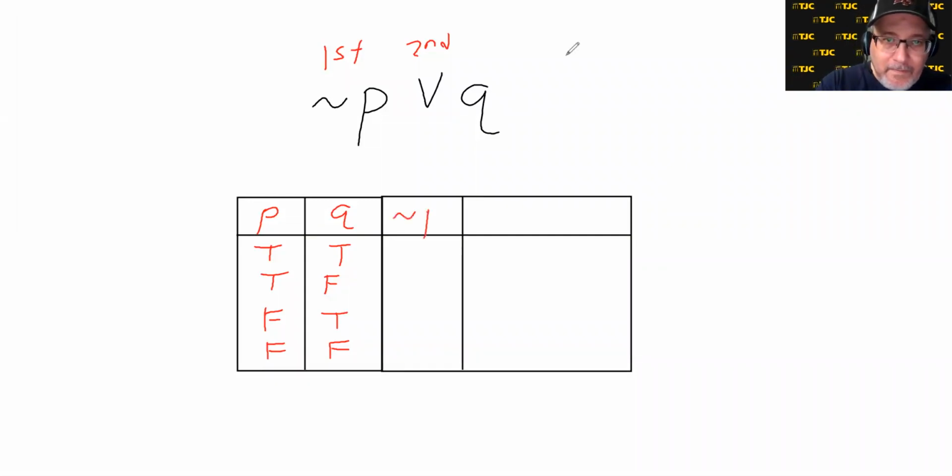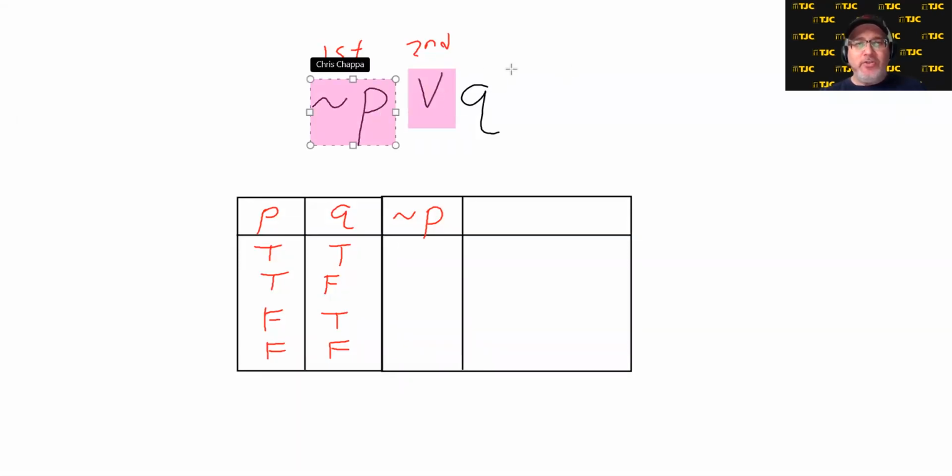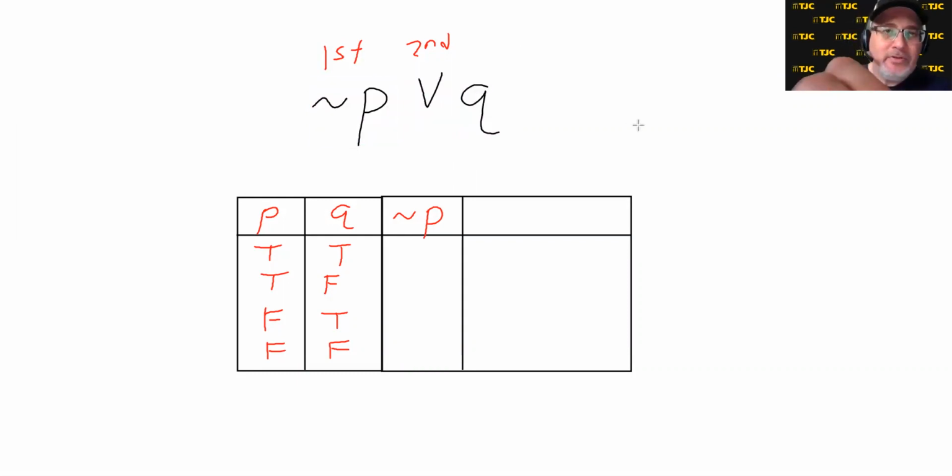Negation P. The last column needs to be a little bit wider because the last column is for the disjunction, but this disjunction has negation P on the left and Q on the right, so it has to be wide enough for the entire compound statement. One piece of advice is to not draw a vertical line ending a column until you know how wide the column has to be.